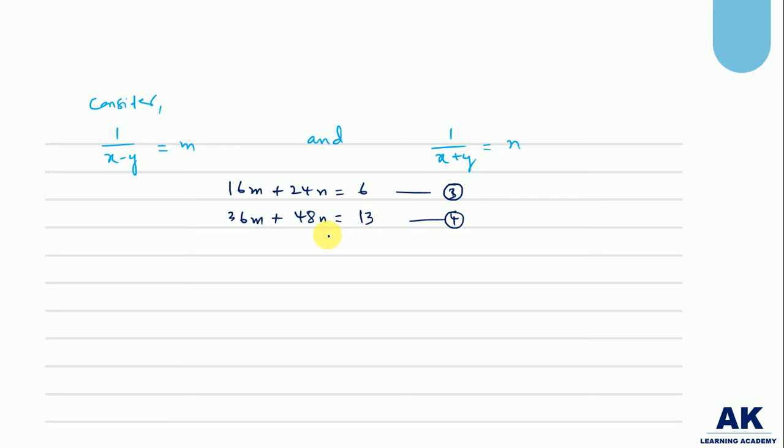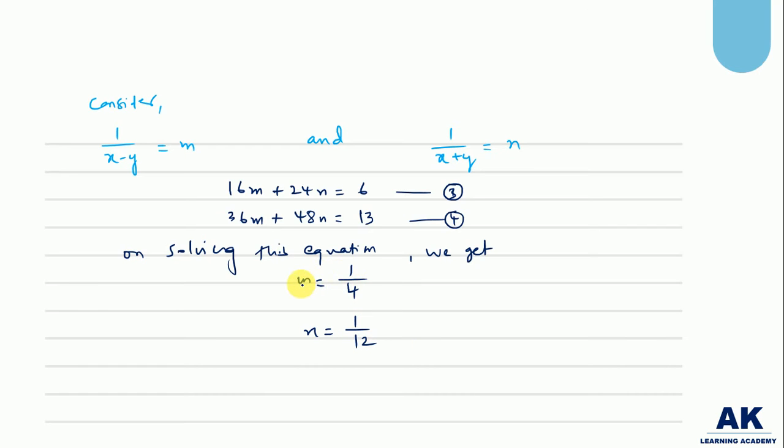On solving these equations, we get m as 1 by 4, and n as 1 by 12, right?